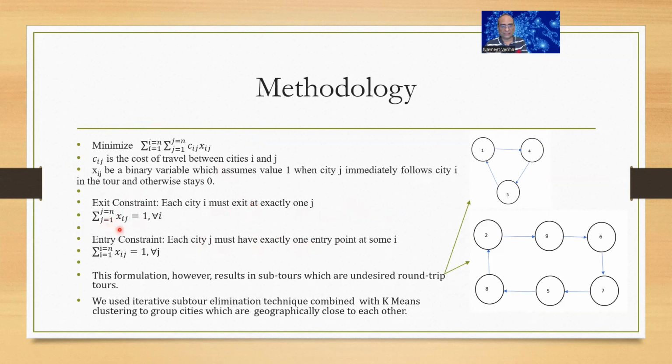The way to understand these constraints is that for a given i, we sum up all the j's, and if you enter at one given i, it should exit at some j. And similarly, given a j, you must enter at some i. So these are the 2 constraints that we have.